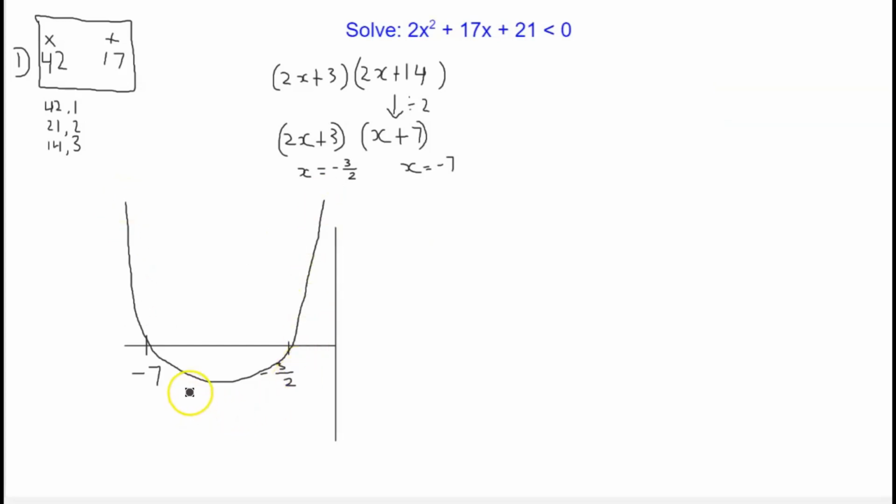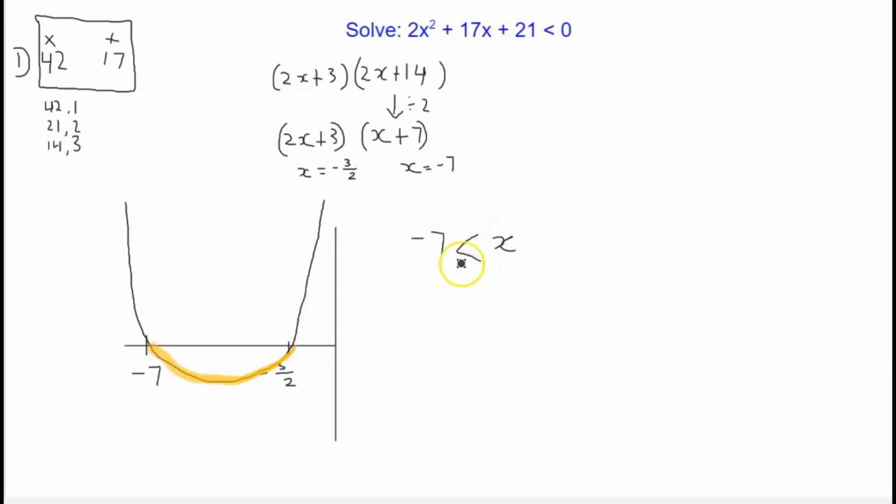So yeah, and now we can actually figure out what part of our line we're trying to get. So in this case, we're trying to find the part where it is less than 0, so it would be this bit here. And now we can write that down as, if I go back to black pen, I can write that as -7 is less than x.